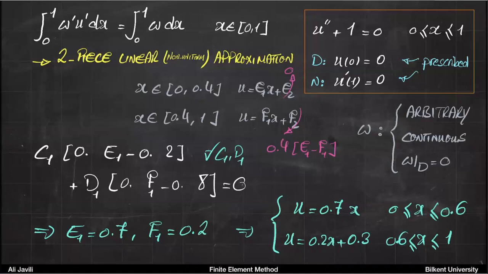This is going to be 0.4, and then here the coefficient is 0.4 E1 minus 0.32. It will be 0.6 F1 minus 0.18. So instead of 0.8, it's 1.8. And then again, because it holds for every C and D, then you can calculate E1 and F1.